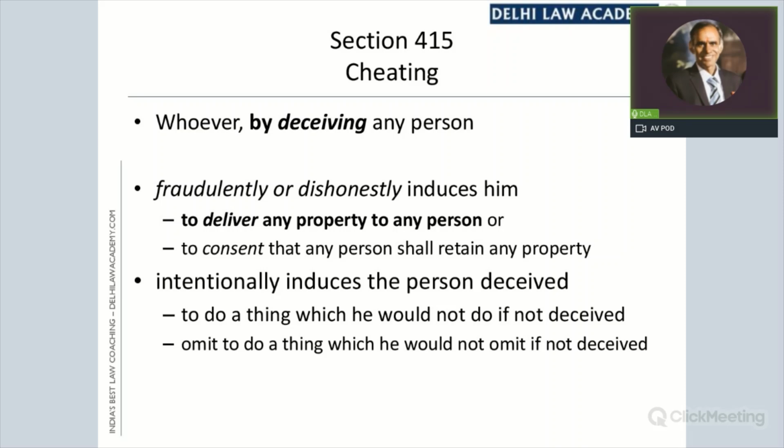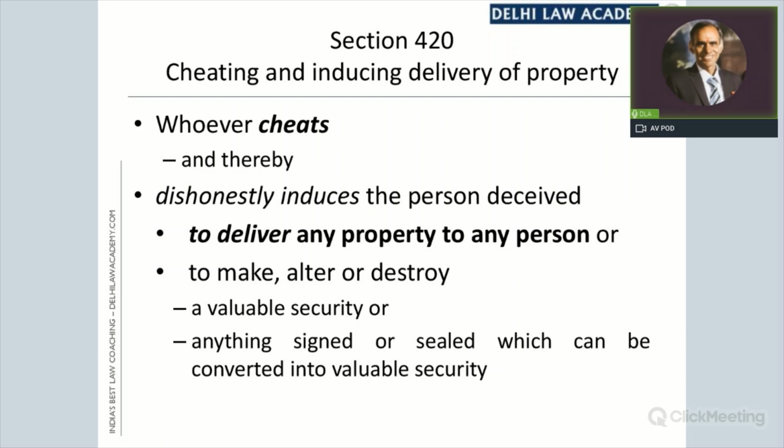Deception followed by delivery of property. What does 420 require as far as this aspect is concerned? There are other aspects also. So what it requires is cheating followed by delivery of property. But cheating itself is deception followed by delivery of property. So deception followed by delivery of property is covered by 415. It is also covered by 420.